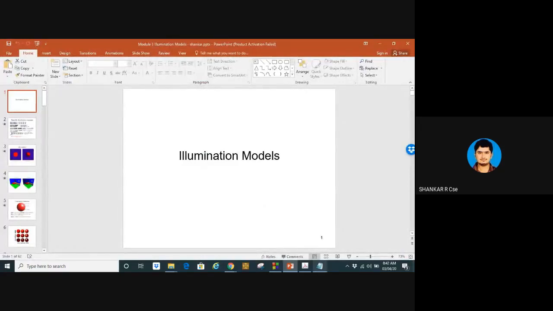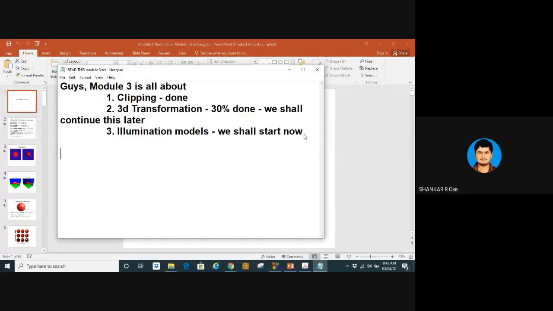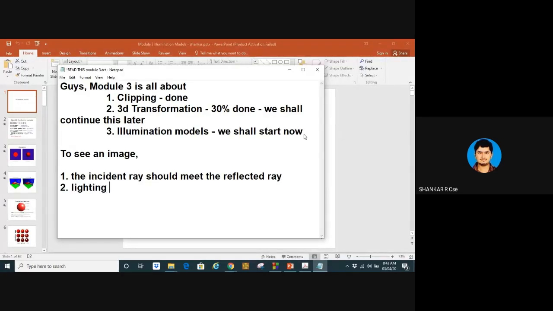Now understand, guys, to see an image, what are the prerequisites? One is the projection rays, or I can say the incident ray should meet the reflected ray. Second point, lighting should be proper.